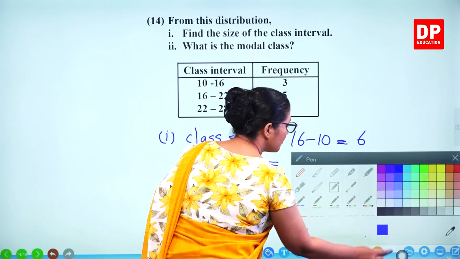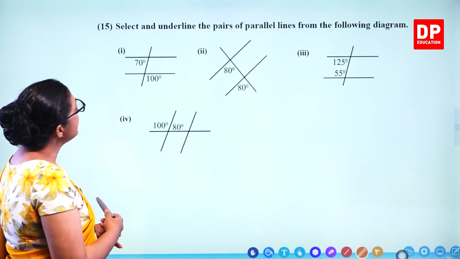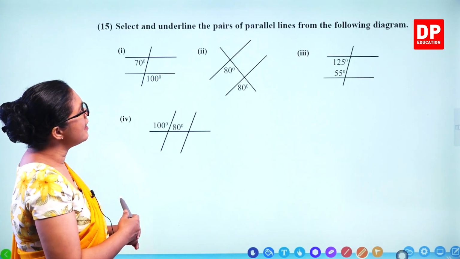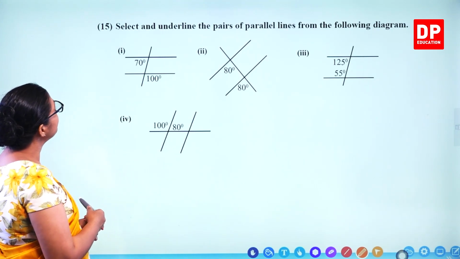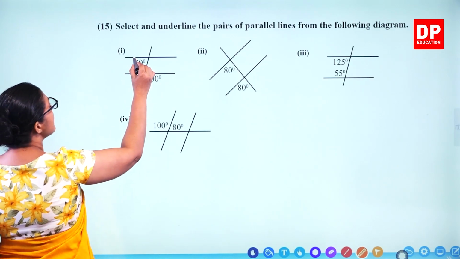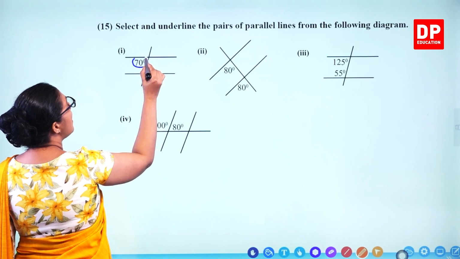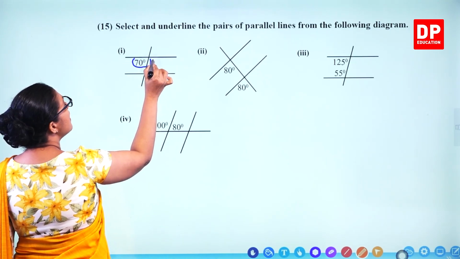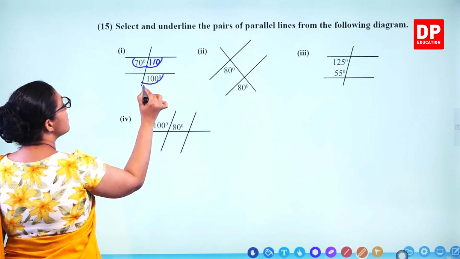Question number 15. Select and underline the pairs of parallel lines from the following diagram. Look carefully. This is 70. So what is this angle? 180 minus 70, 110. This is 110, this is 100.